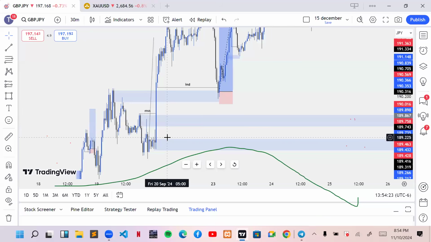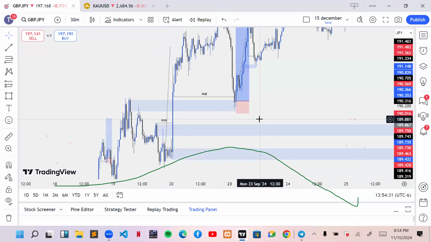Is it still valid? Yes, it's still valid. You understand? It's still valid because it's still a thing there. For example, this is still an order block. Why? Because after that, market actually made the bullish candle. Yeah, it's still valid.